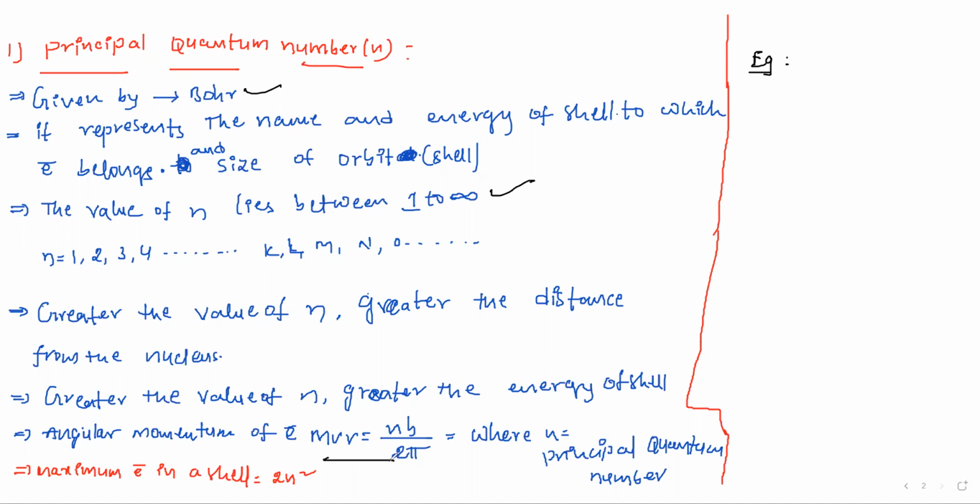This is the angular momentum of the revolving electron, and the maximum electrons in a shell is 2n square. For example, first shell, second shell, third shell, fourth shell; that means K shell, L shell, M shell, N shell. This is about Bohr's model, and these are the shell numbers.